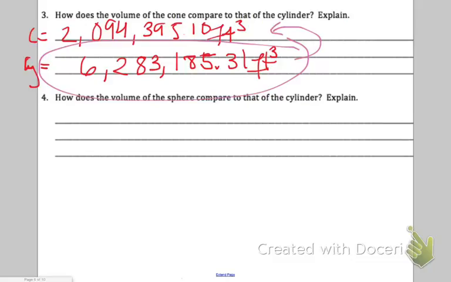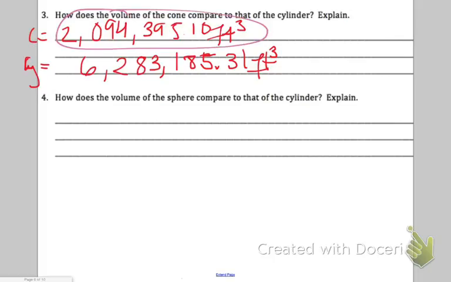So if we're just looking at these values, the volume of the cone is 1/3 the volume of our cylinder.